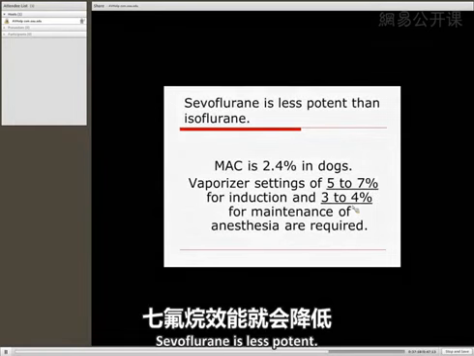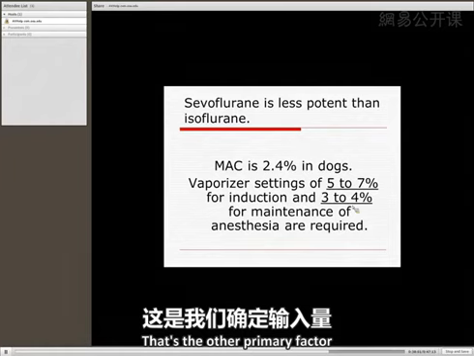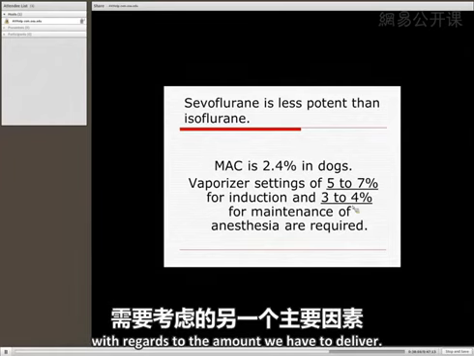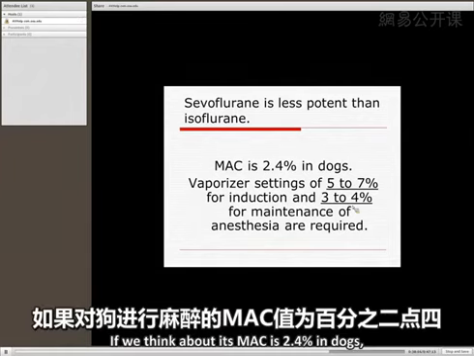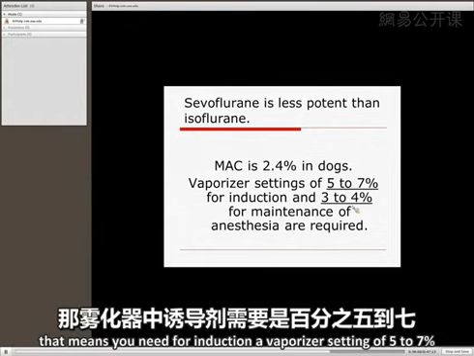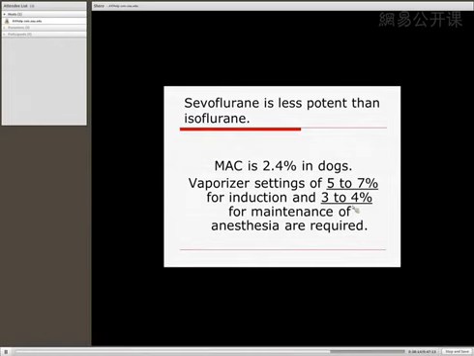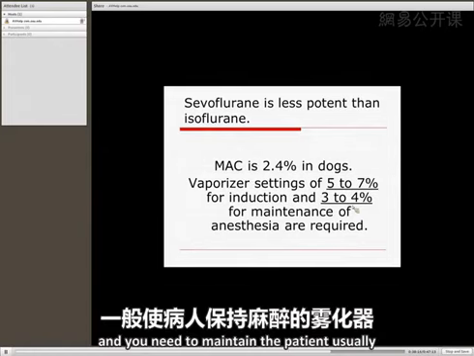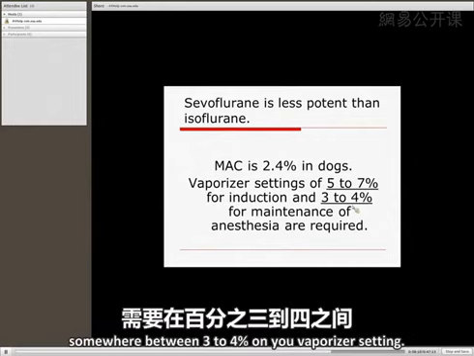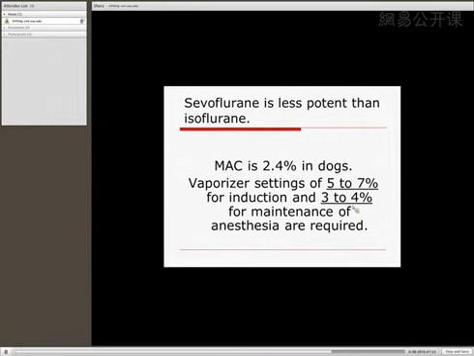Sevoflurane is less potent. That's the other primary factor with regard to the amount we have to deliver. Its MAC is 2.4% in dogs. That means you need for induction a vaporizer setting of 5 to 7%. And you need to maintain the patient usually somewhere between 3 to 4% on your vaporizer setting.